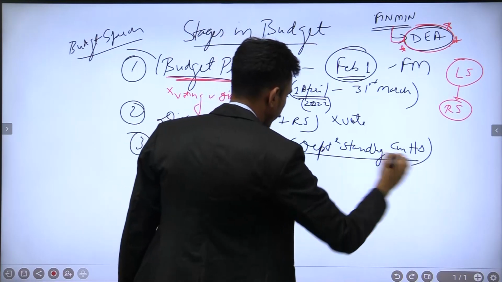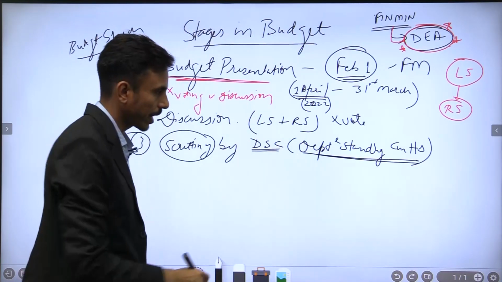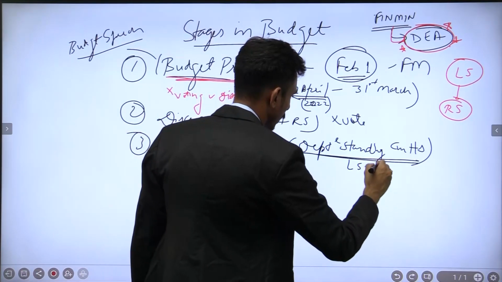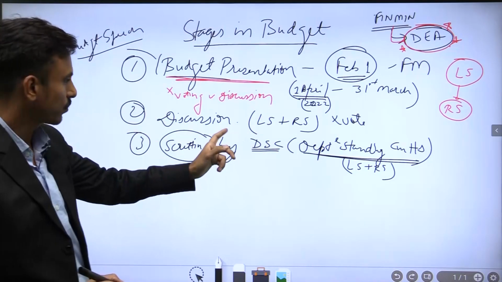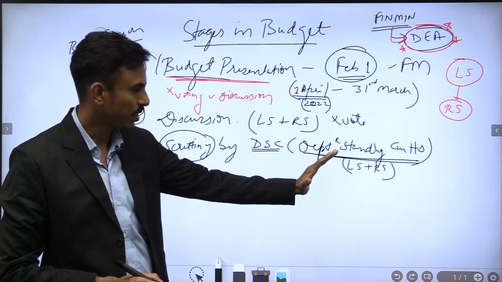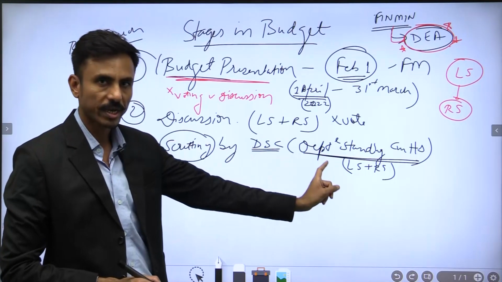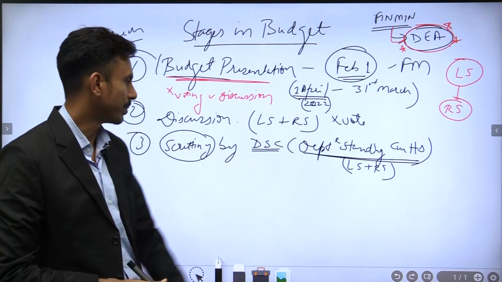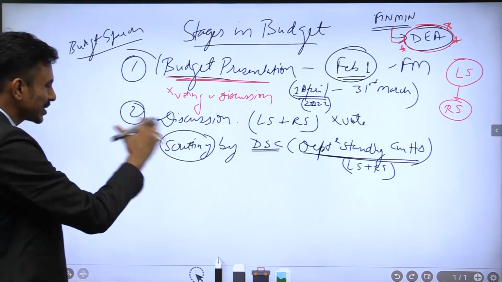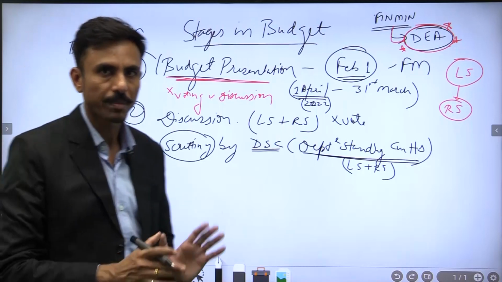Guys, departmental standing committees have members from both Lok Sabha as well as Rajya Sabha, and whatever demand of the ministry is put forth would be scrutinized, assessed, and analyzed in the departmental standing committees, right? Now, this generally takes around 1 month, right?